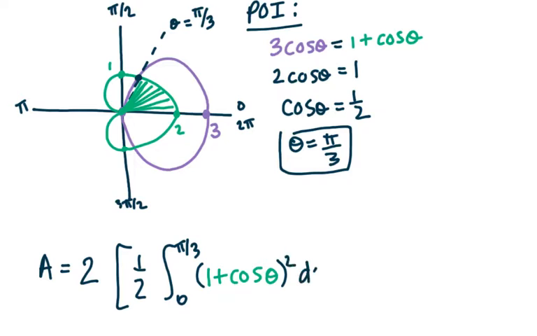squared d theta. And now I'm going to add to it this little extra sliver of this purple graph from pi over 3, right? That's where it's starting, and it's the area from pi over 3 to pi over 2 of that purple graph.